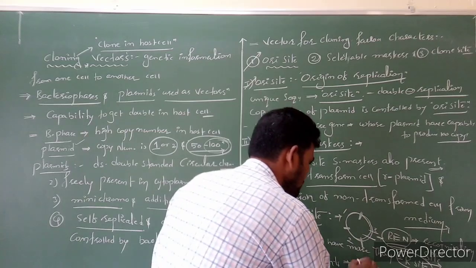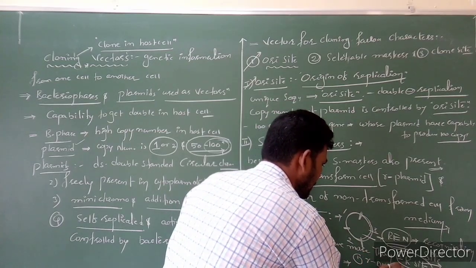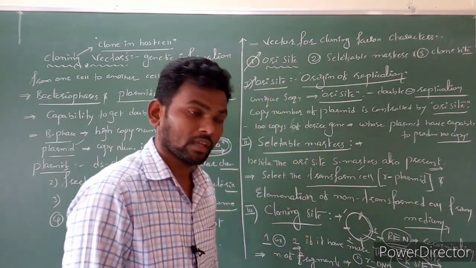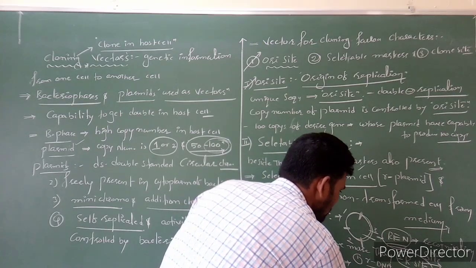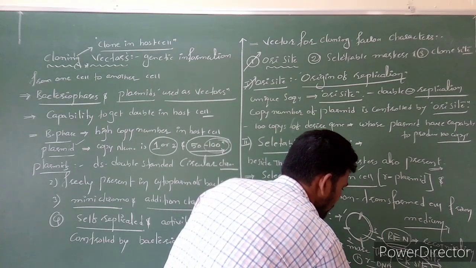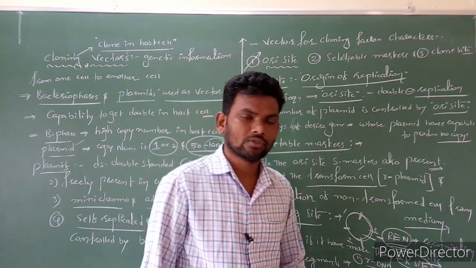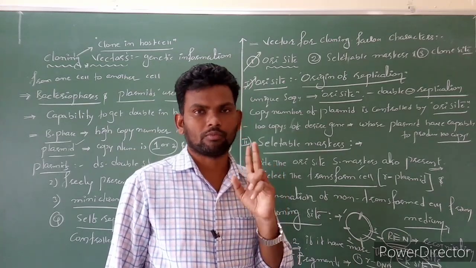So the first problem is we can't prepare our recombinant DNA. Second problem is we can't produce clones. We get a problem multiplying the clones. So that's why the cloning site should be one or maybe two.